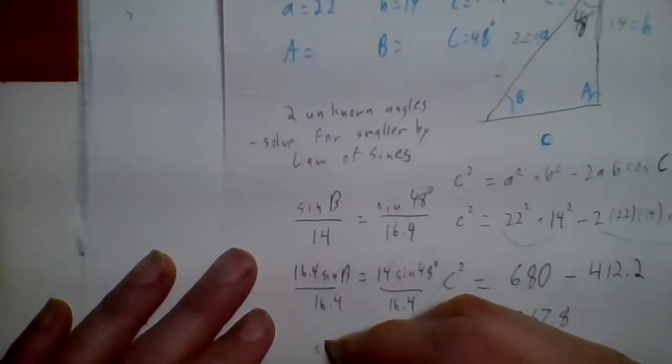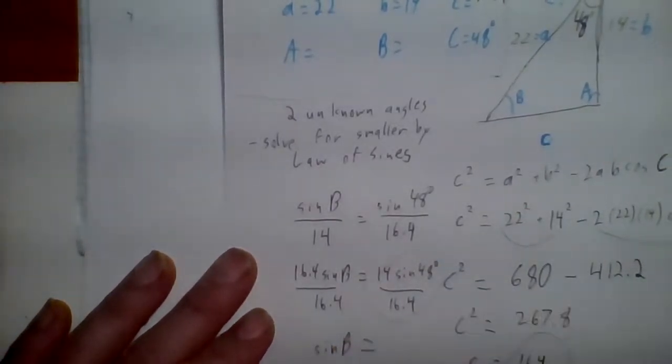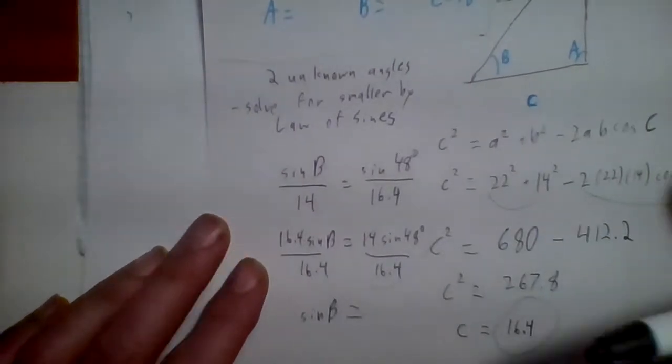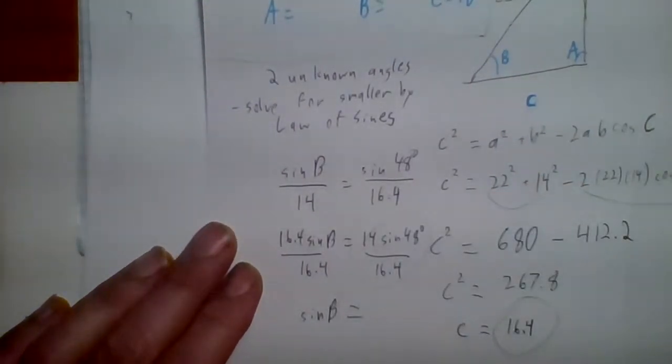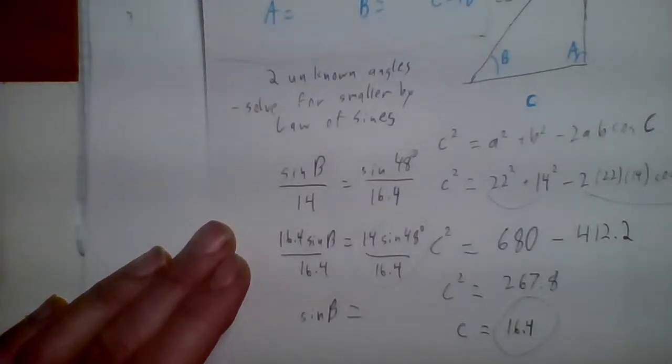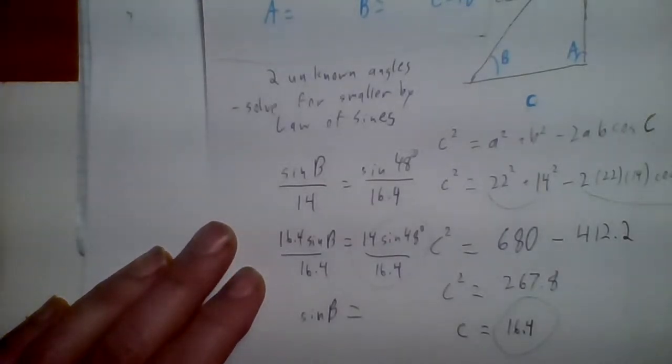I'm going to go off to the side and write down what sine B comes out to. I'm just doing the algebra to solve for sine of B first. So calculating that out, I'm doing 14 times sine 48 degrees.